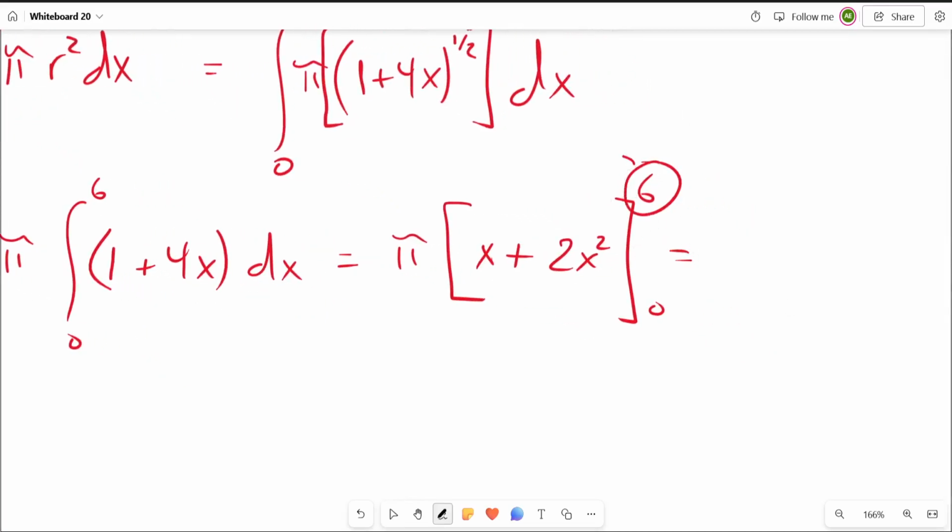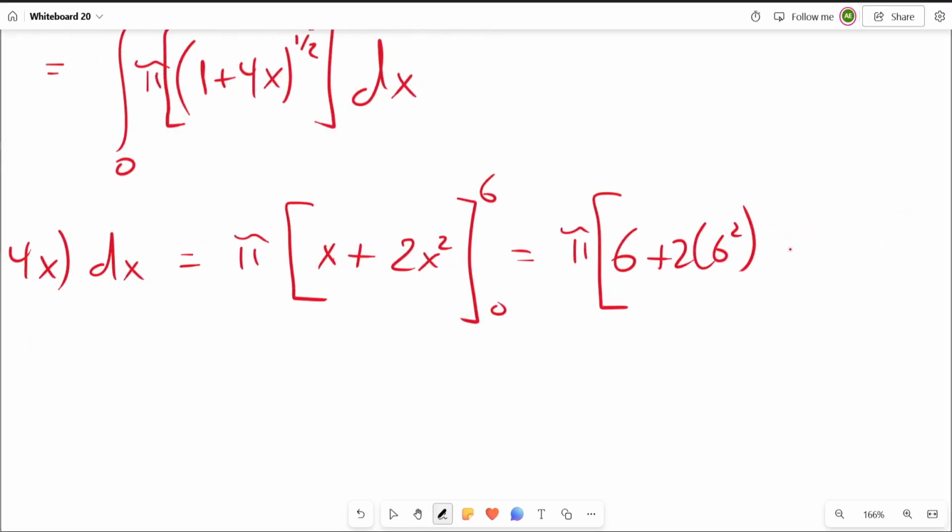I always substitute the upper bound first and then subtract when I substitute the lower bound. So this is going to be pi into 6 plus 2 into 6 squared, and then minus, when I substitute 0, that's just 0 plus 2 times 0, so just a big 0.